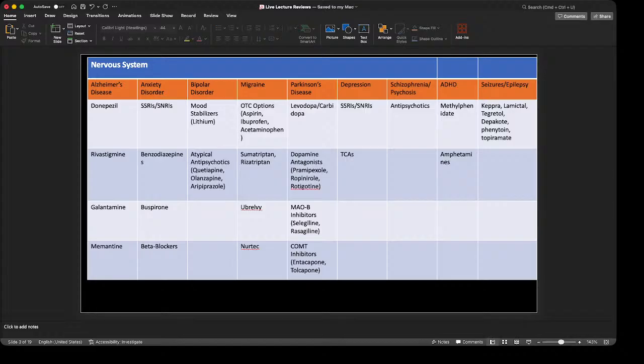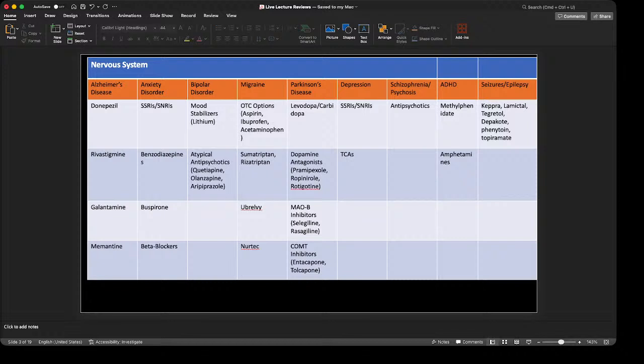So you already saw some of these medications utilized, like donepezil, rivastigmine, galantamine, memantine, all of these medications that you would utilize to help prevent the progression of Alzheimer's disease.